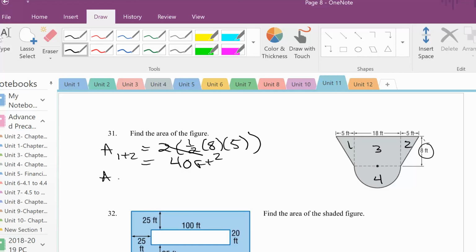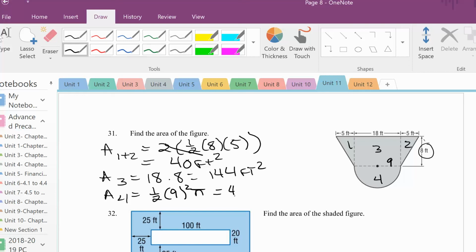The area of the rectangle, that is 18 times 8, which is 144 square feet. And then the area of the semicircle, well, the radius is 9, so it's 1/2 9 squared times pi, which gives you 40.5 times pi.